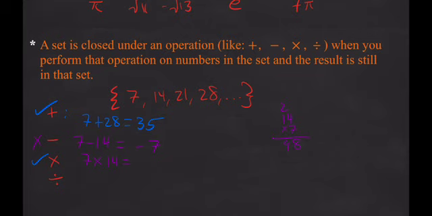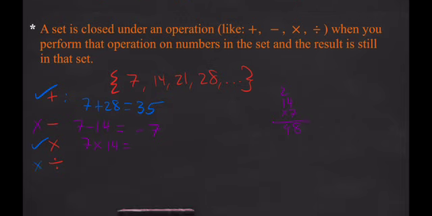If you multiply 7 by anything, that's a multiple of 7. So it's going to be closed under multiplication. Division, this one is not closed. Division and subtraction are the hardest ones to make sure that they're actually closed. Okay, those are the hardest ones. For example, let's say that we had 7 over 14. That is equal to 1 over 2. That is not within the set. So that is why it's not closed under division.